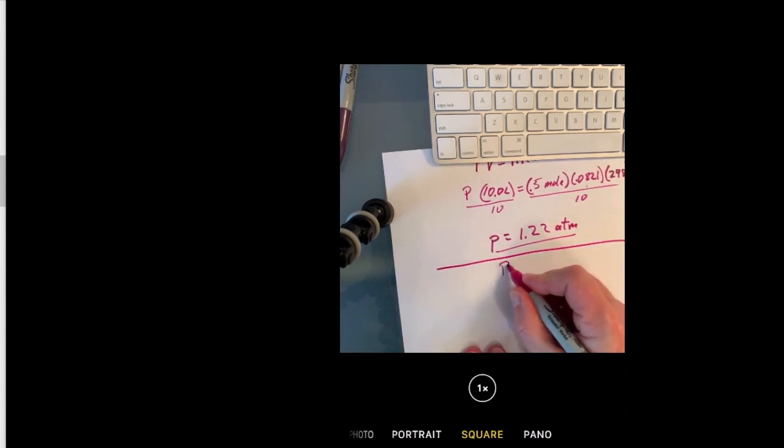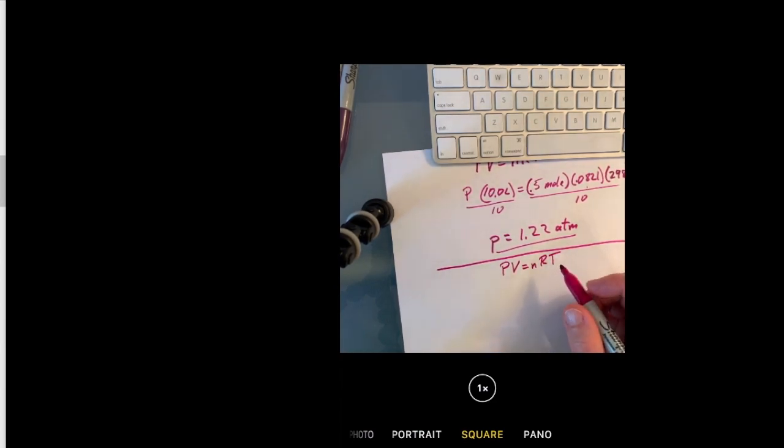Let's go PV equals nRT. And we know the pressure was 102.5, and those are kilopascals. The volume was 1.5 liters. The moles, we had 3 moles.